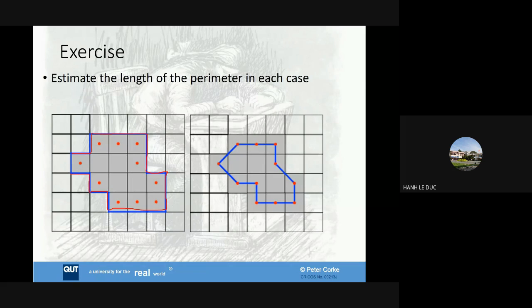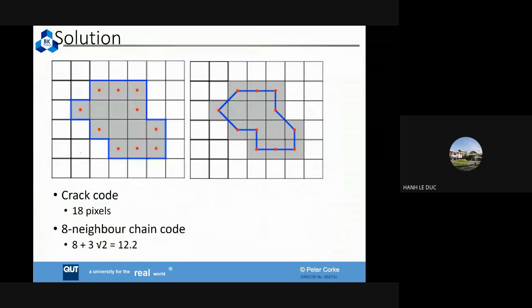So we have two methods to calculate. First, the record method, which means you just count the number of pixels here. For example, here is 1, 1, 1, 1, 1, 1, 1, right? And you have 18 pixels.